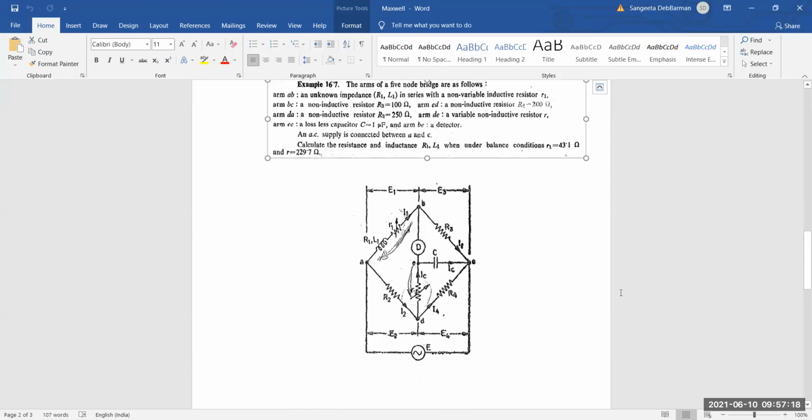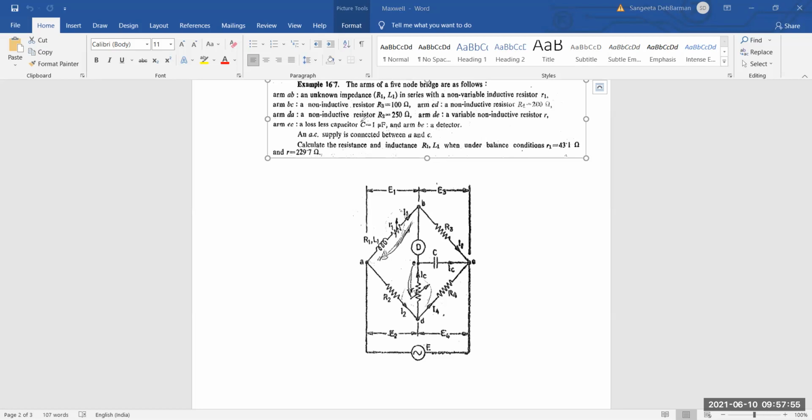Yes, ma'am. Take down this problem. The arms of a five-node bridge are as follows.